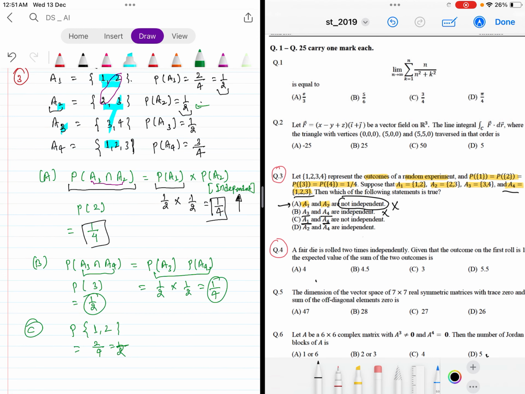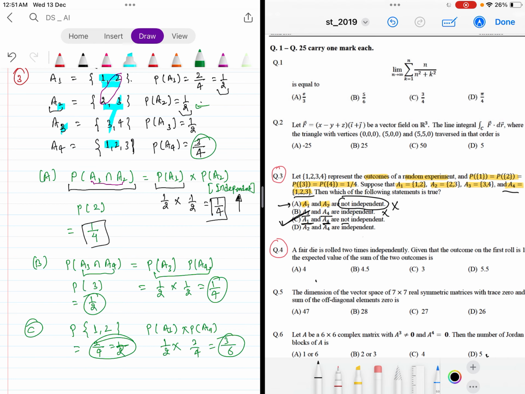And again we will find the individual probabilities: if these two events are independent, then it should equal the probability of a1 into the probability of a4. So a1 is 1 by 2 and a4 is 3 by 4, so we have got 3 by 8. These two are not equal, that means they are dependent, that means they are not independent, right? So option C is correct.